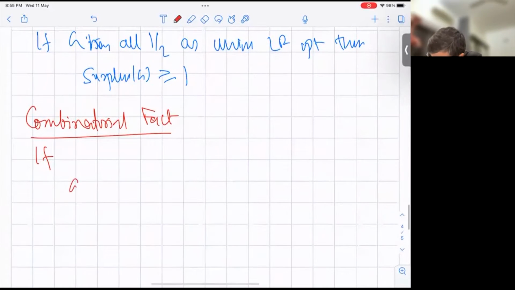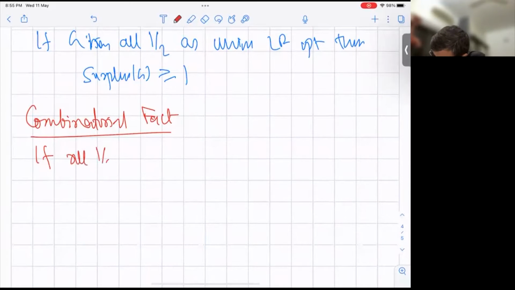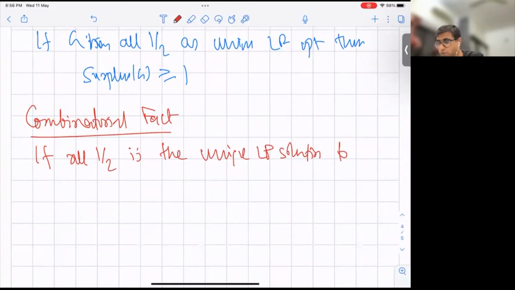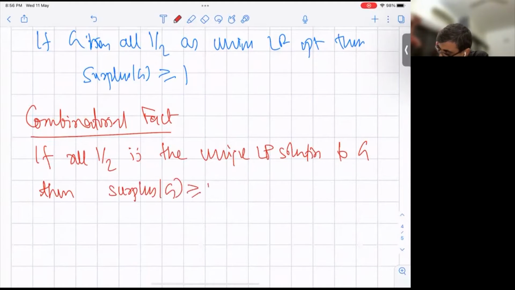So what's the combinatorial fact? If all half is the unique LP solution to G, then surplus of G is greater than or equal to 1. Okay, is that fine?